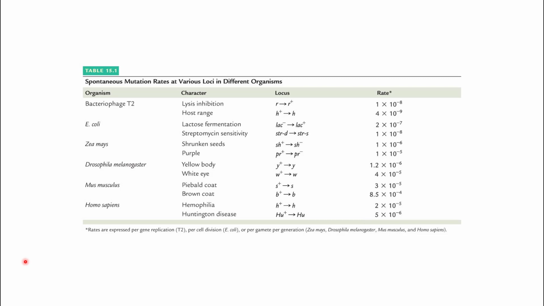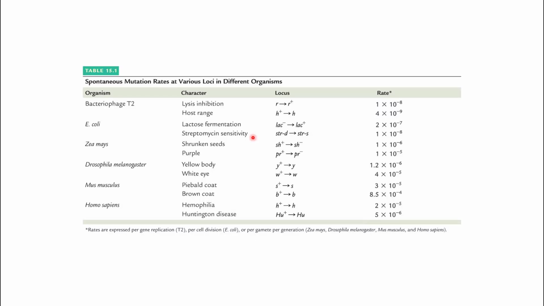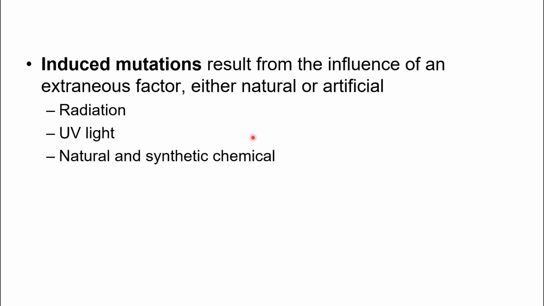Okay, so our two types of mutations that we can have. First one is that's spontaneous. Okay, a mutation that happens completely naturally, it's random. The process that results in the mutation is either a biological or a chemical natural process. The other type of mutation we can have is what we call induced mutations. And these ones result from the influence of an extraneous factor.